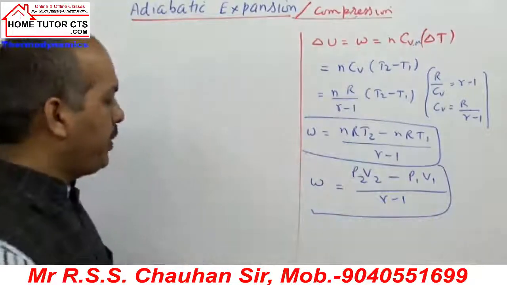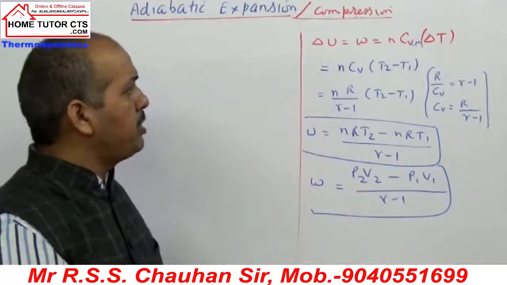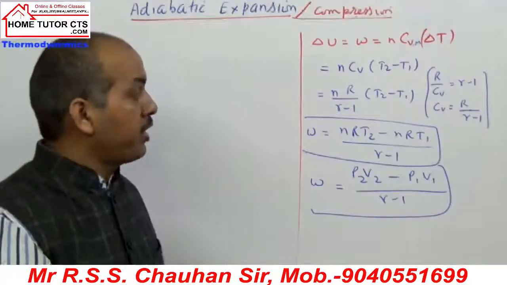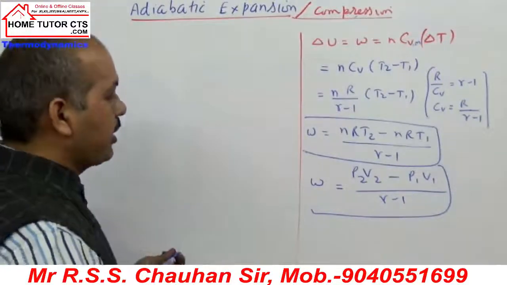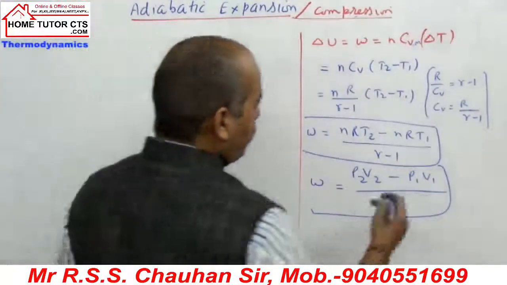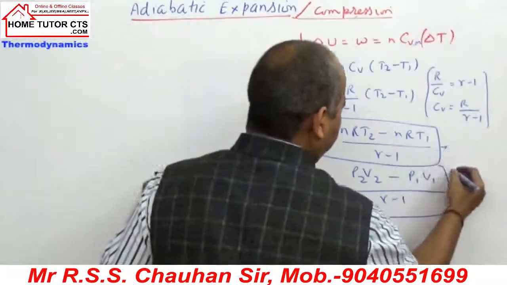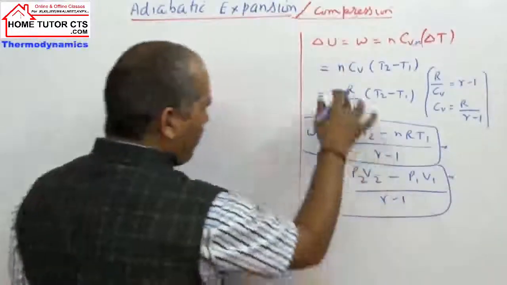Now if you compare the work done, will the work done be the same if the process is taken reversible or irreversible? How to check it out? We can write here, look, this expression taken here we can apply, all the equations. Write all the equations.